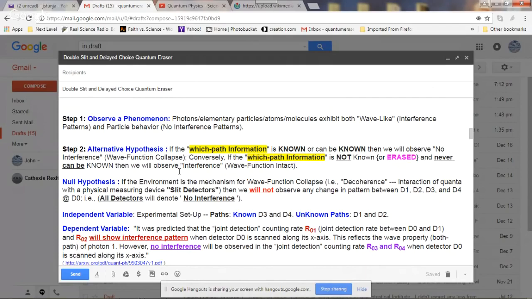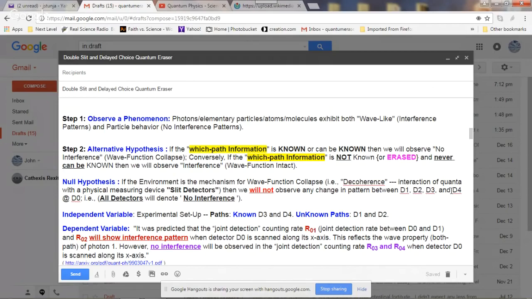And of course, the null hypothesis is: if the environment, that is the slit detectors, is the mechanism for wave function collapse, that's called decoherence, of quanta with a physical measuring device, and in this case, like I said, it's slit detectors, not the catcher's mitt, then we will not observe any change in pattern between the catcher's mitts.